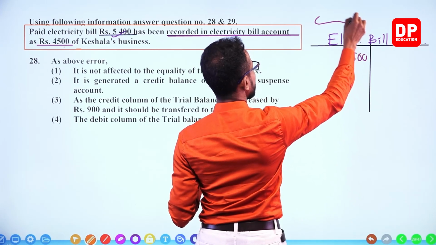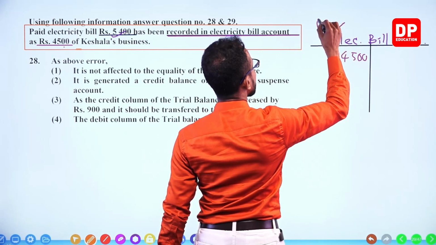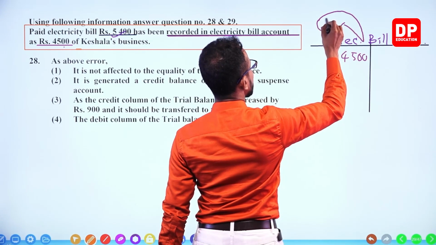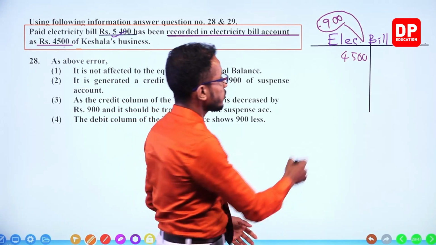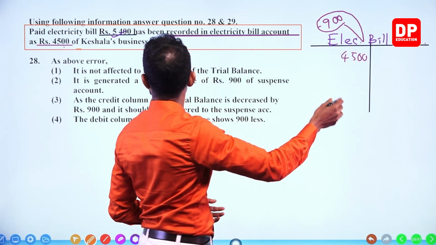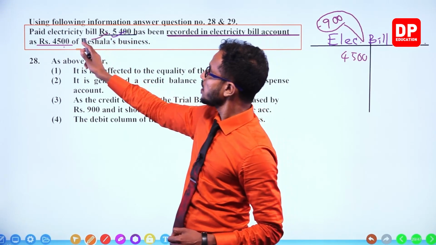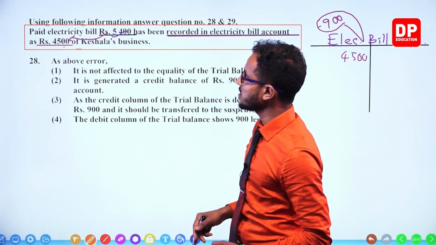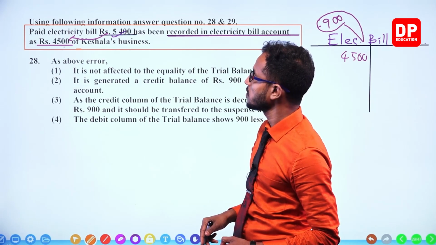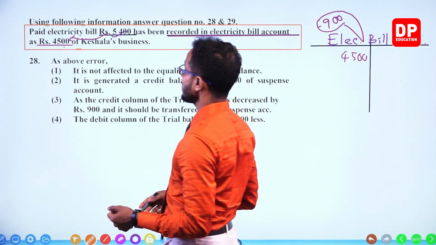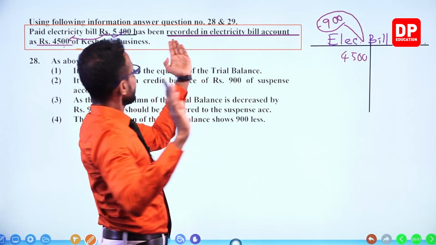So how much is less in the debit side? 900 is less. Why? 5,400 and 4,500, what is the difference? 900. 900 less on the debit side. Okay. Only in the electricity bill.